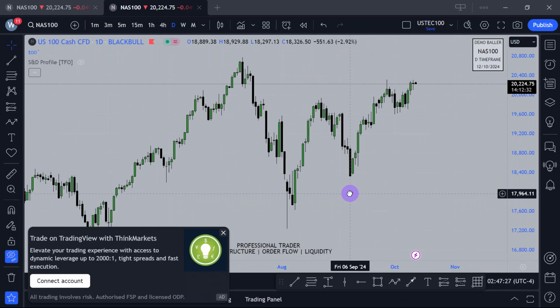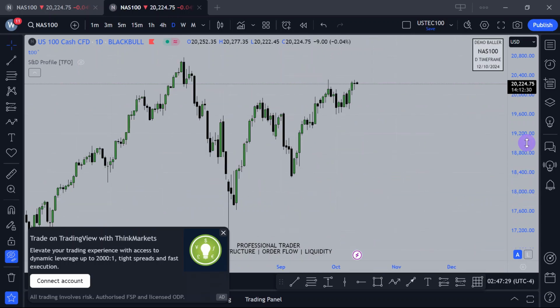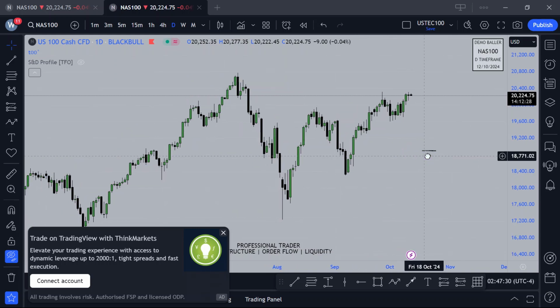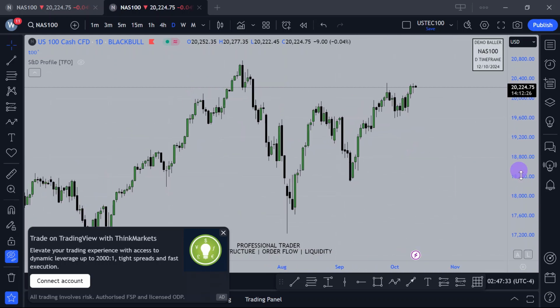The daily has started to become one of my favorite time frames because it gives you such a clear indication of what price is doing. So we can see here, before this move lower, we had a lower time frame market structure shift, which then we broke structure on a lower time frame.